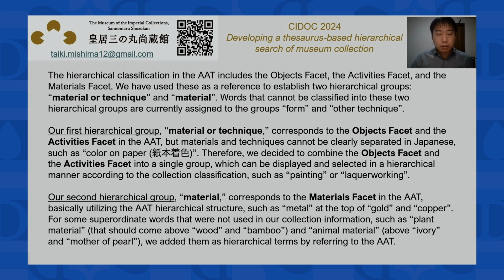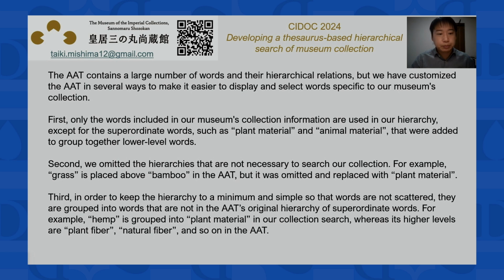Our second hierarchical group, material, corresponds to the materials facet in the AAT, basically utilizing the AAT hierarchical structure, such as metal at the top of gold and copper. For some superordinate words that were not used in our collection information, such as plant material, that should come above wood and bamboo, and animal material above ivory and mother of pearl, we added them as hierarchical terms by referring to the AAT.